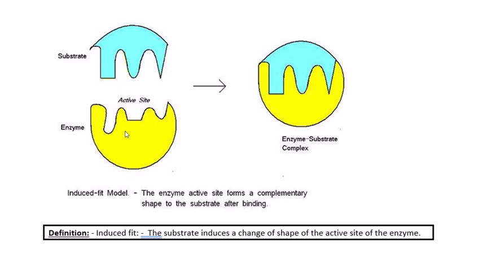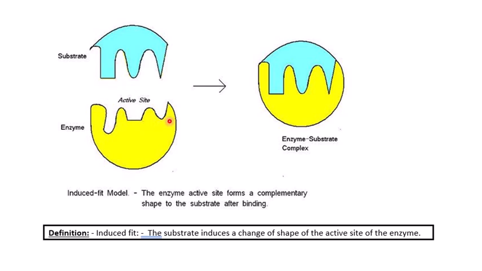Here's again a schematic representation of it. The substrate here, although it's just a squiggle line, is supposed to be representing the position of atoms within the substrate. You can see that before the substrate is connected on, the active site is similar but not exactly the same as the shape of the substrate, so it doesn't fit exactly.